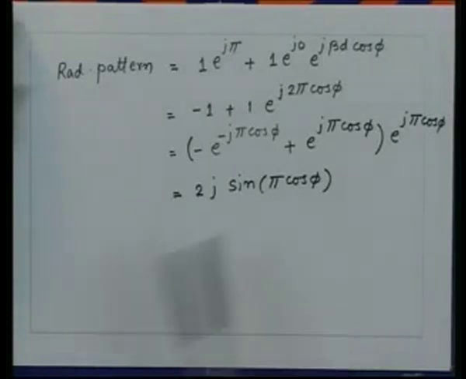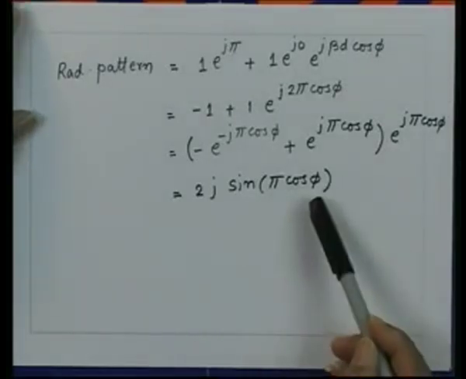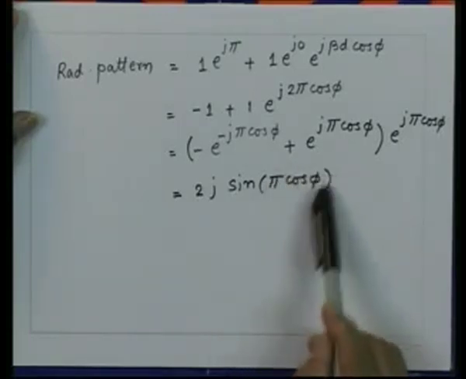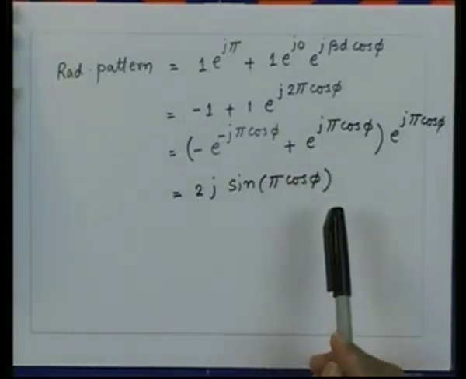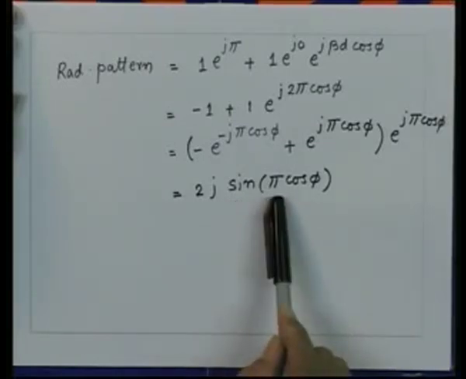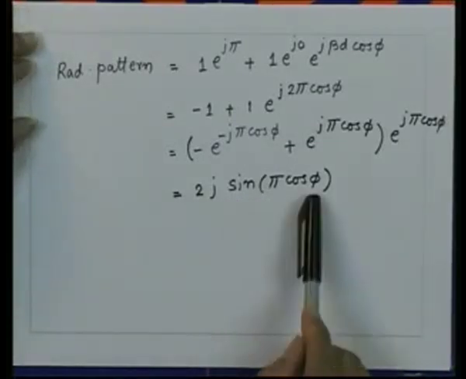So, we can verify now that when phi is equal to 0, that time this quantity is 1, and we get sine of pi which is 0.